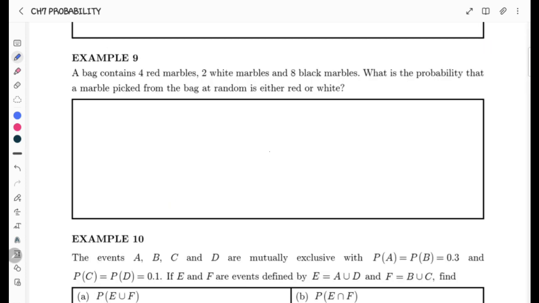Example 9. A bag contains 4 red marbles, 2 white marbles and 8 black marbles. What is the probability that a marble picked from the bag at random is either red or white? So it's either red or white.